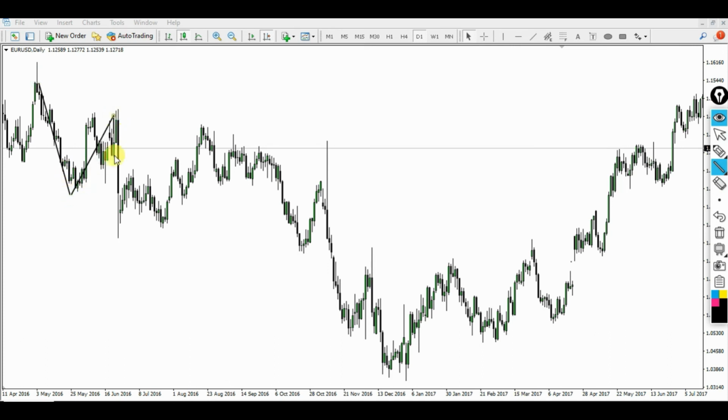We can see here a perfect downtrend with swings.